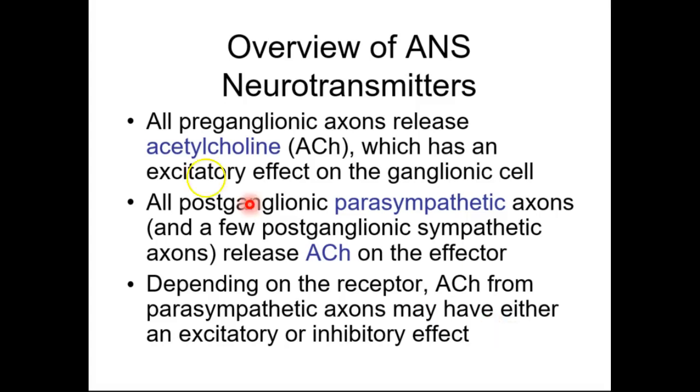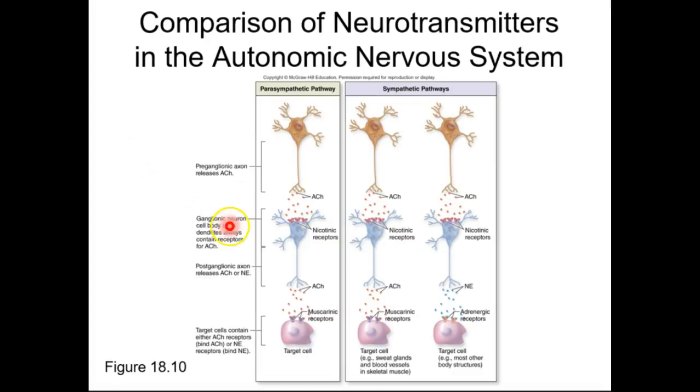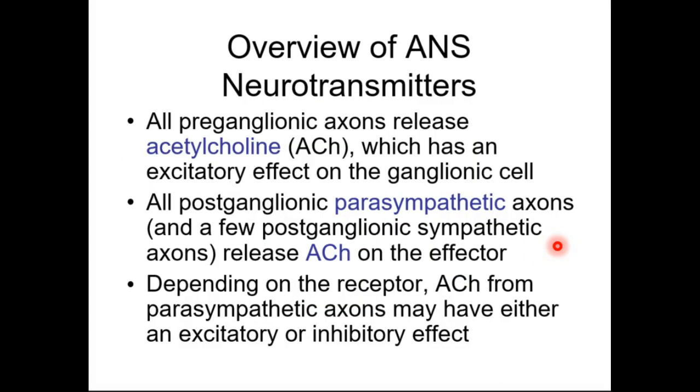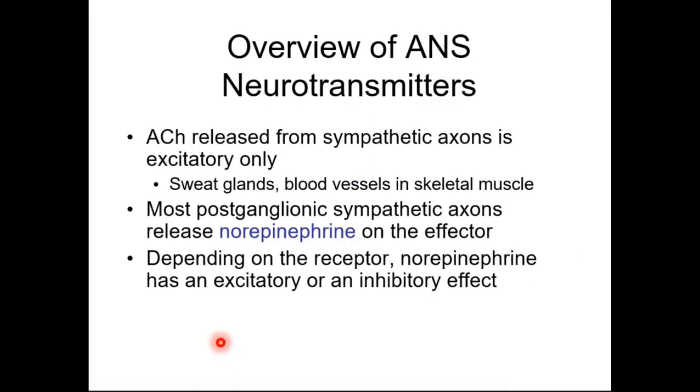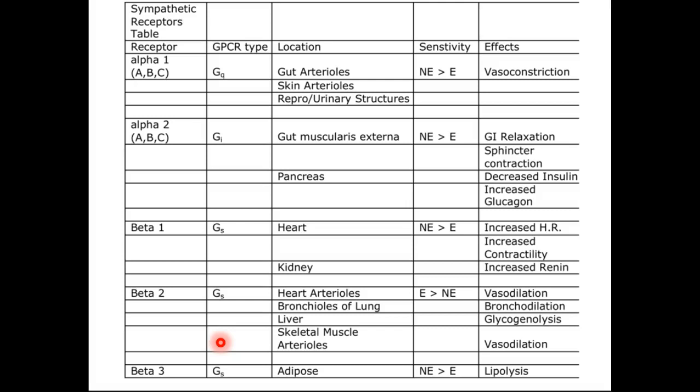Okay, so all preganglionics release acetylcholine, generally onto nicotinic. Postganglionics are different between sympathetic and parasympathetic. I'm not going to have you learn the entire table right now. I have a couple of things on your worksheet that I want you to focus on.